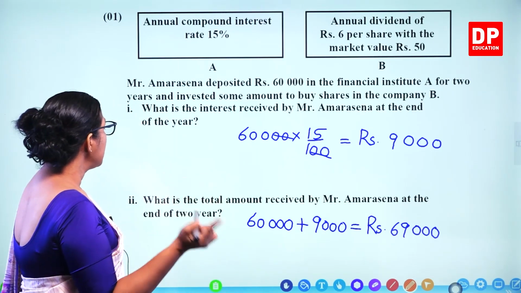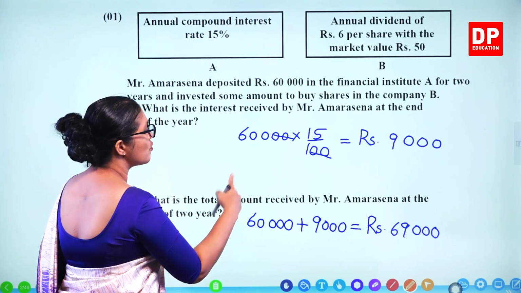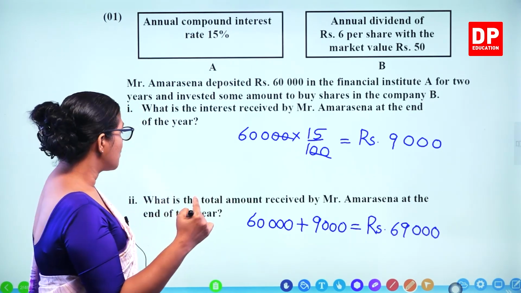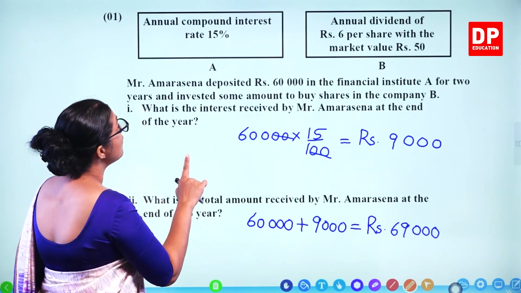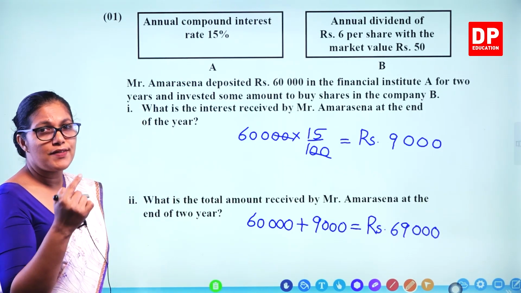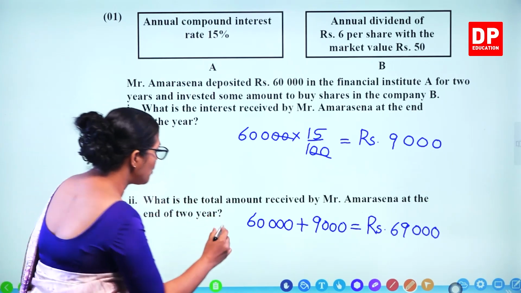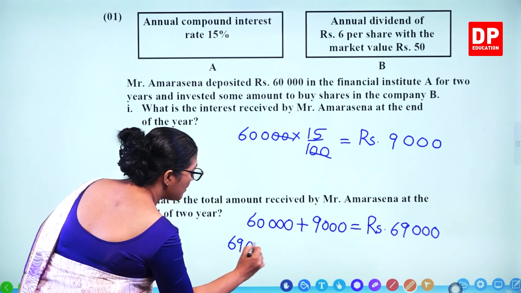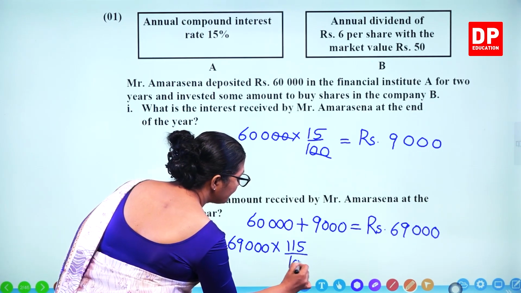Now again 15% interest. So we can just straight away multiply by 115 over 100 rather than doing 15% and then adding to this amount. We can do 69,000 into 115 over 100.